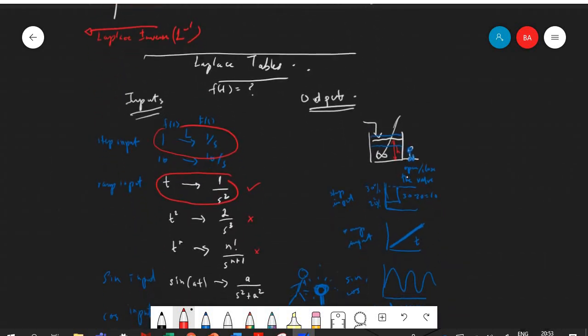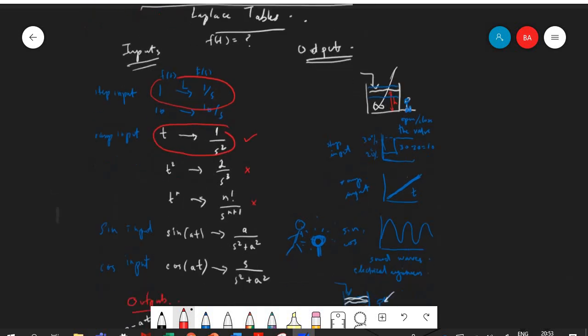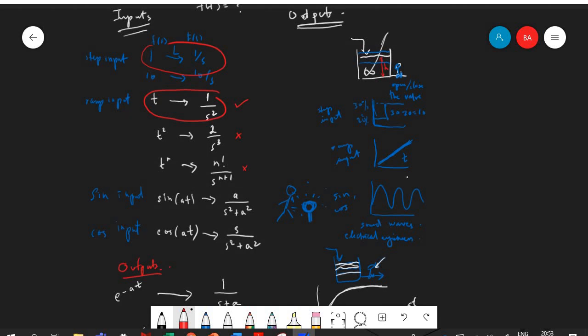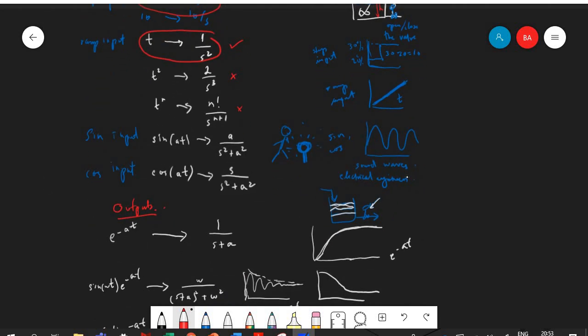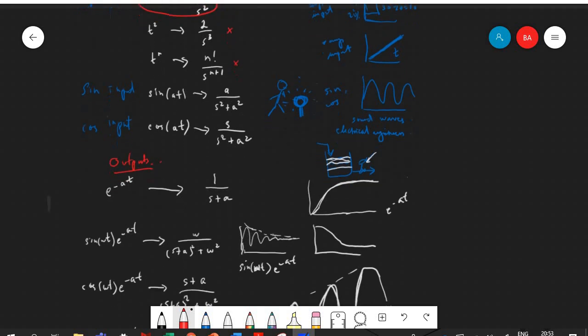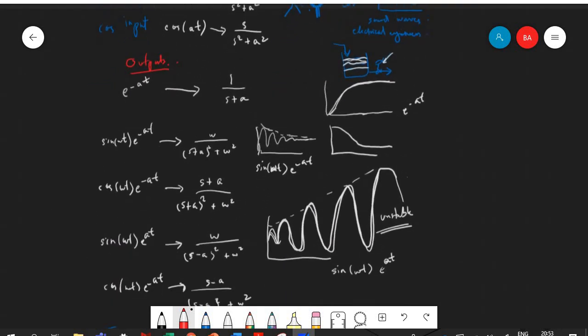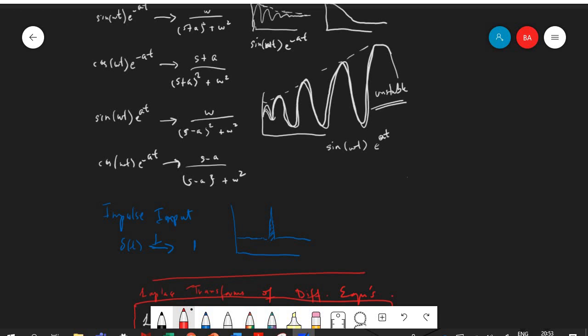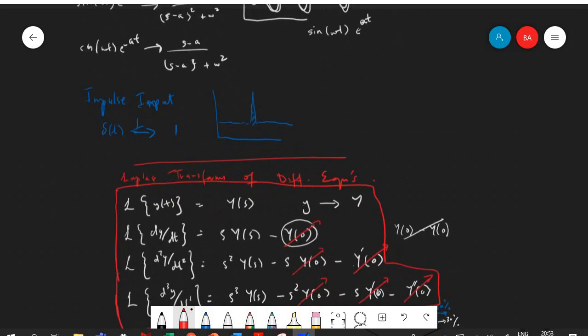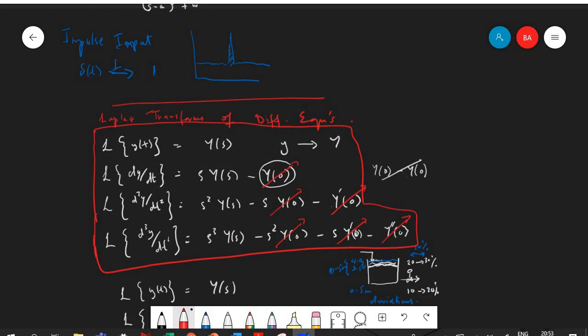One of those terms is just a value, which is a step input, or t, which is a ramp input, or a sine input, or a cosine input, or an output, which usually is represented in an exponential term, and we should know how it looks in the s domain. An output could look like something stable or something unstable, as we can see here, or the impulse input. All of these we need to know how to convert to time or to the s domain.